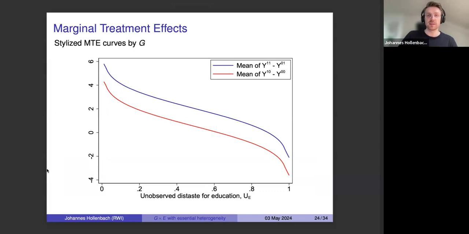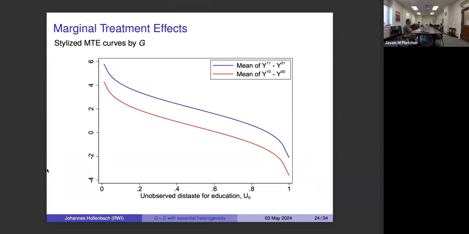So what I'm saying is, let's say that from some other data, there has been a GWAS on distaste for education, and therefore you could port that over to ELSA, and you have a measure that's related to this unobserved distaste for education. Okay. Is there some way that you would bring that into your analysis?